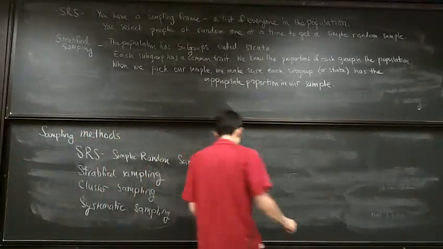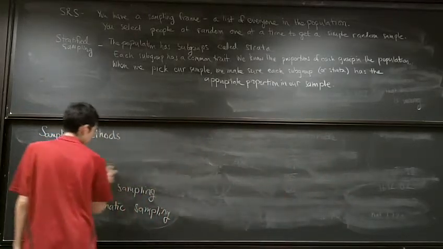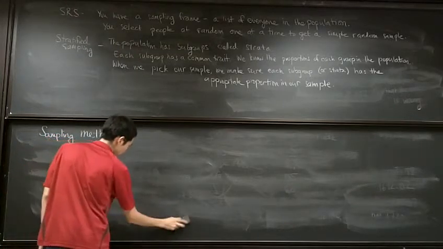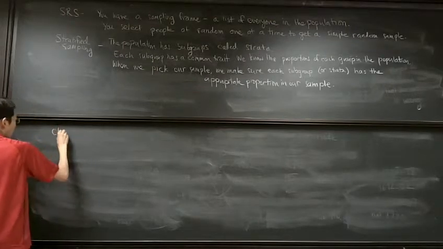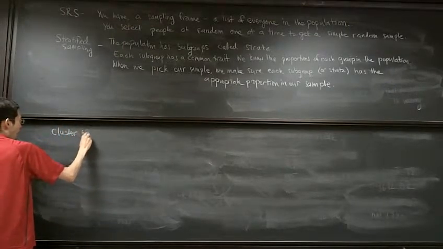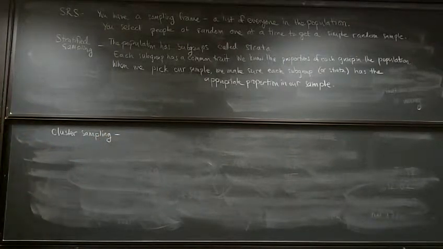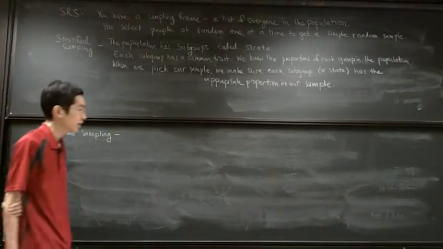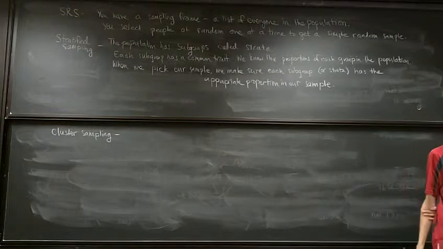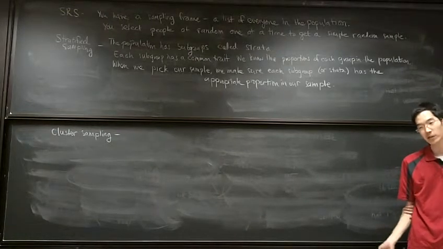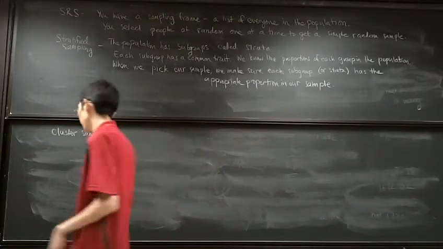All right, let's talk about cluster sampling and systematic sampling. Cluster sampling. This is done when it is very difficult to get a list of everyone in the population, but easier to get a list of clusters that should cover everyone. Okay?